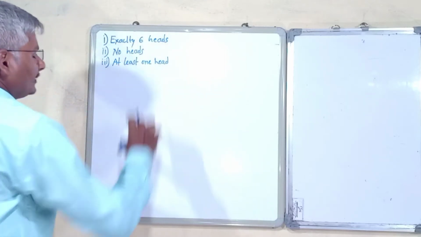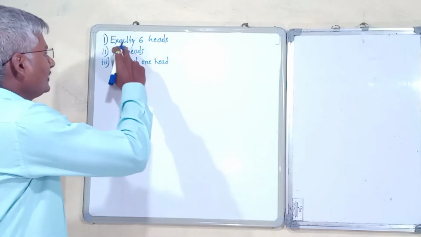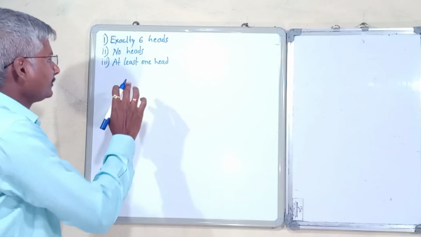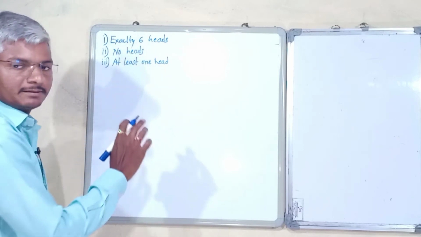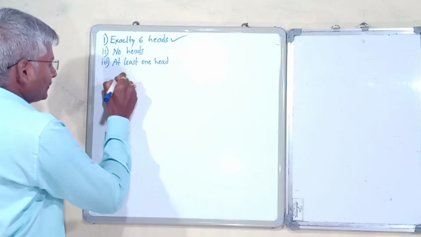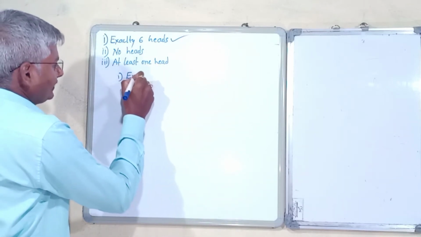So you need to find out three probabilities: exactly 6 heads out of 10 tosses, no heads, and at least 1 head. We will proceed with the first one, that is exactly 6 heads.